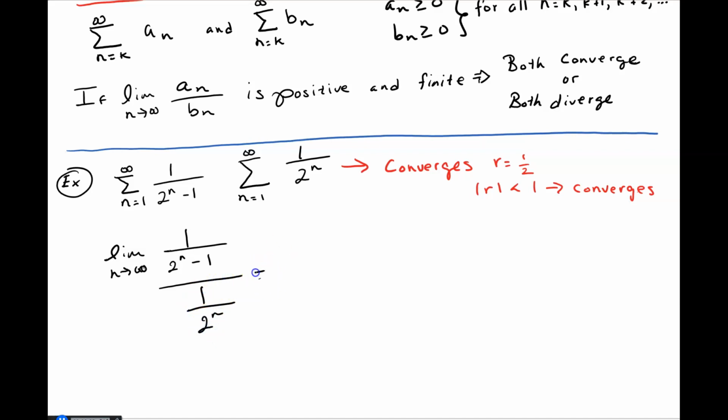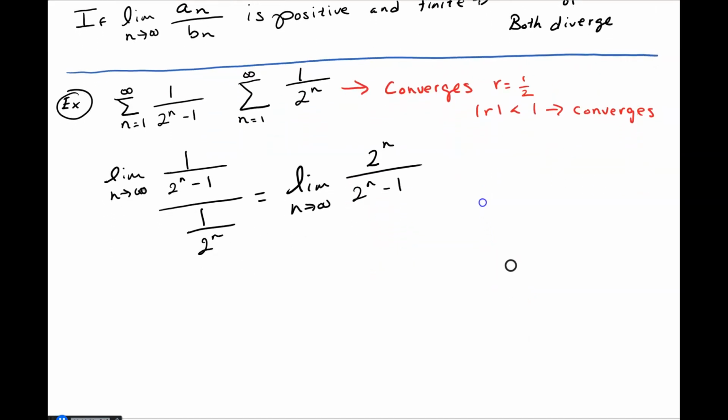We keep, flip, and change. We end up with the limit as n goes to infinity of 2 to the n over 2 to the n minus 1. As n goes to infinity, what we're going to do is divide everything by 2 to the n.